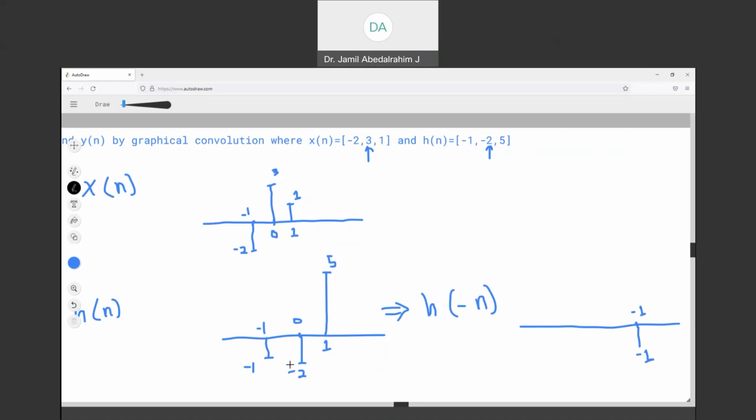Okay, and we change these two pulses to the other side. -2, value -2, which is at 0, comes to this side. So after -1 comes -2, at -2. Okay, the value is -2. And 5 becomes at -3. Okay, 5 is at -3.